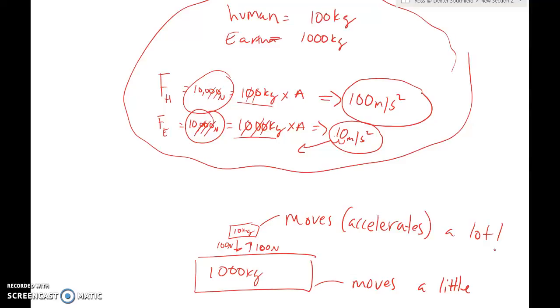Same thing with the Earth, same thing with the rocket, same thing with you swimming in the ocean. The ocean has a much bigger mass than you, so you might see the water move a little bit as you paddle, but you are going to be the object that is really propelled forward. You're not going to paddle and all of a sudden all of the ocean is out of the ocean and up on land in some big tsunami. That's not going to happen.